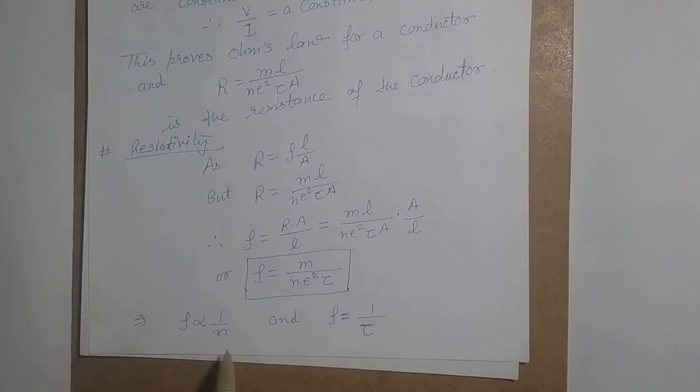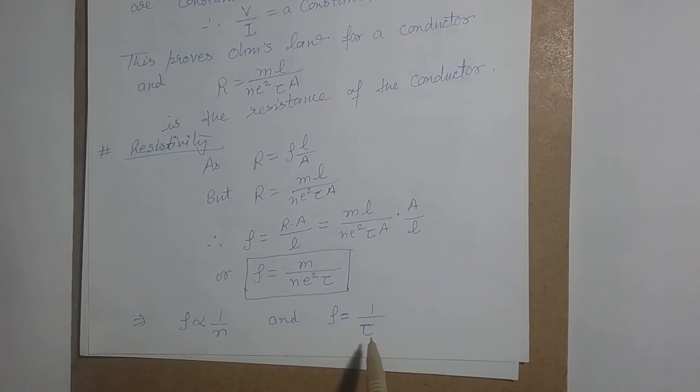The charge density of a given conductor, and resistivity depends upon the relaxation time of the given charged particles. Now if the relaxation time is more, in that case the resistivity is less, and if the relaxation time is less, it means the resistivity is more. So what we conclude here, if the charges are fewer, in that case the resistivity is more, meaning less charge density, more resistivity.